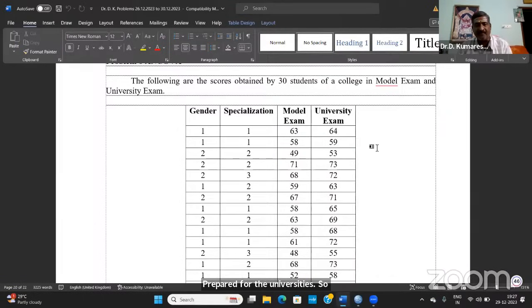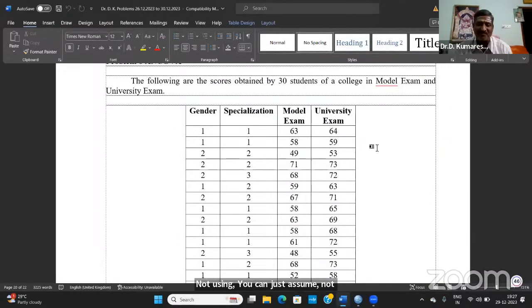Normally, based on the model exam marks, we come to a conclusion that these students will score this much of marks in the university exam. We can just predict, not using regression method. We can just assume, not predict.